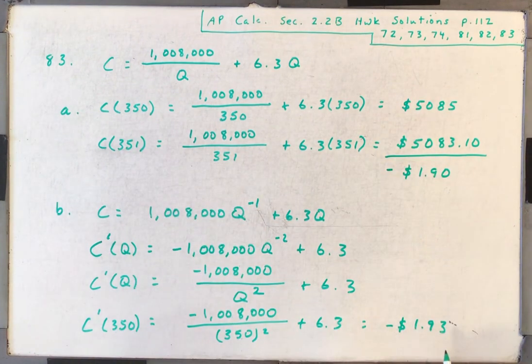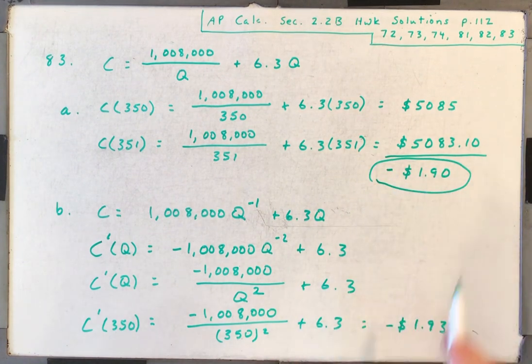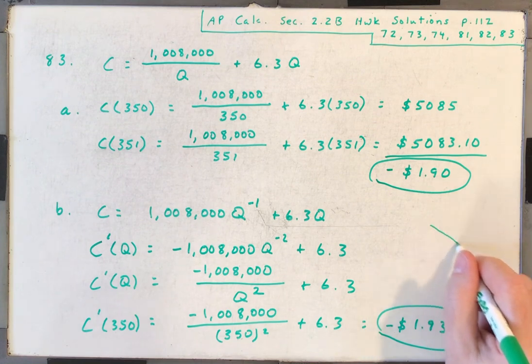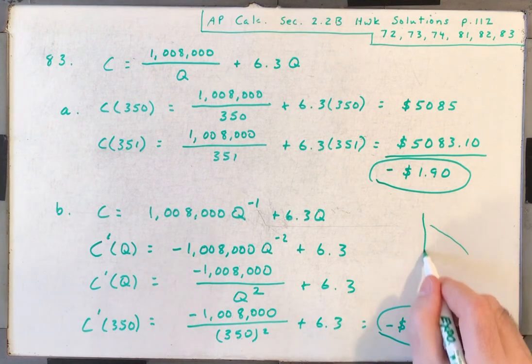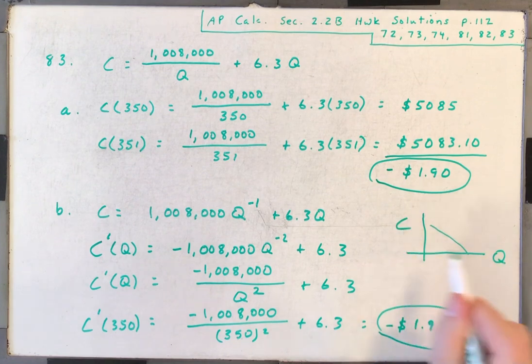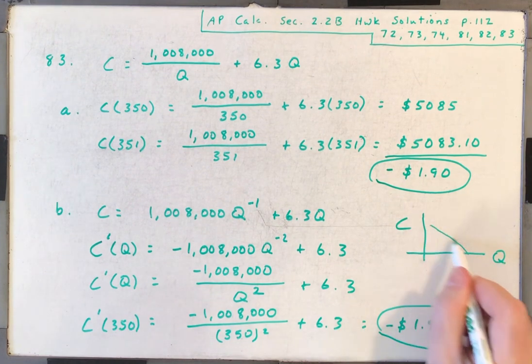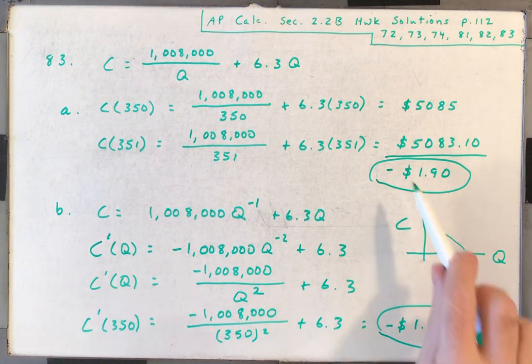So it's negative 1.90. The instantaneous rate at 350 would be negative 1.93 because the curve there is going down, so the slope is negative. As the size of your order goes up, cost versus order size, as the size of the order gets bigger, the cost gets smaller. So that's why it's negative.